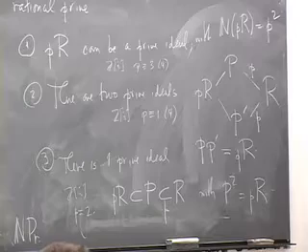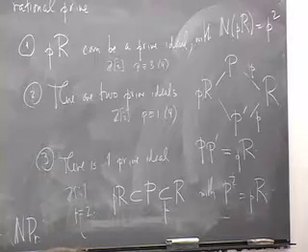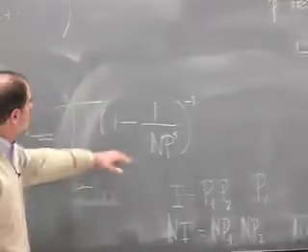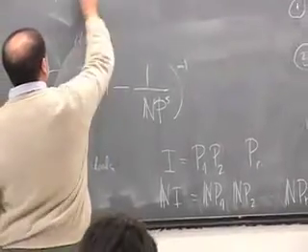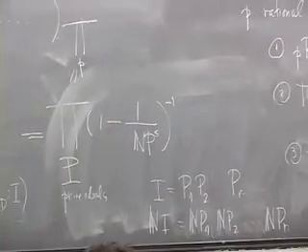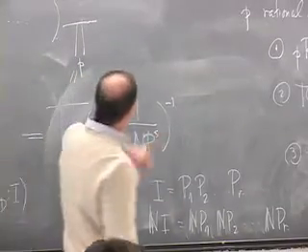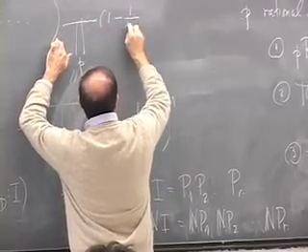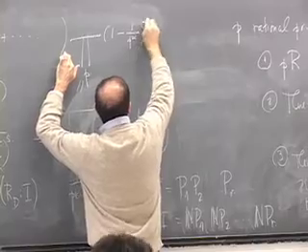Okay? So when we take this product, we can rewrite it as a product over rational prime numbers. And this is what Dirichlet did. And you get 3 different cases. In the first case, you get 1 minus 1 over p to the 2s, inverse.